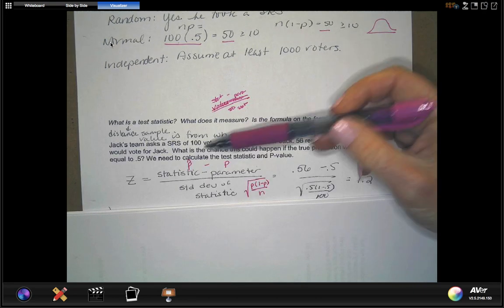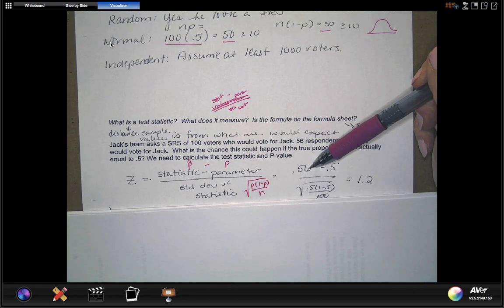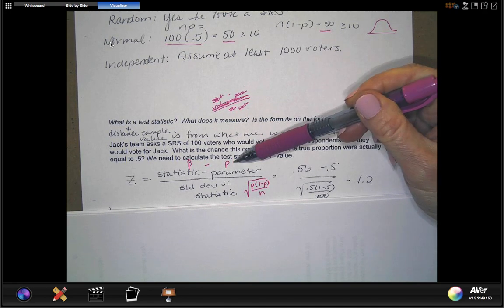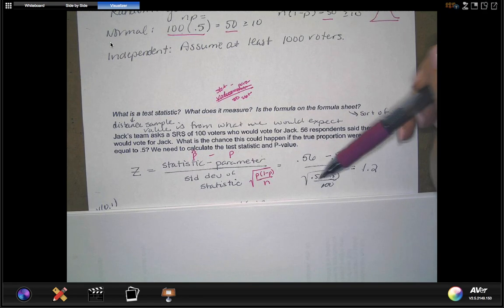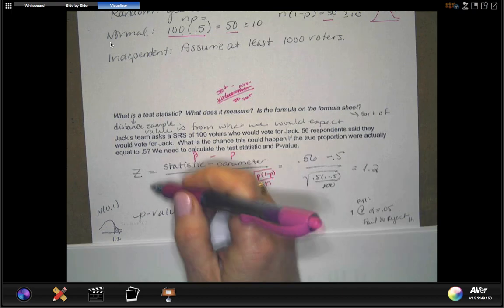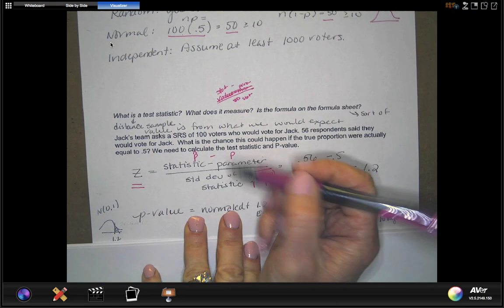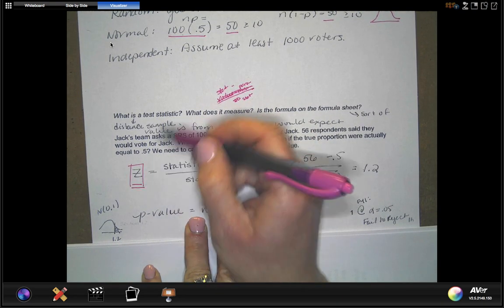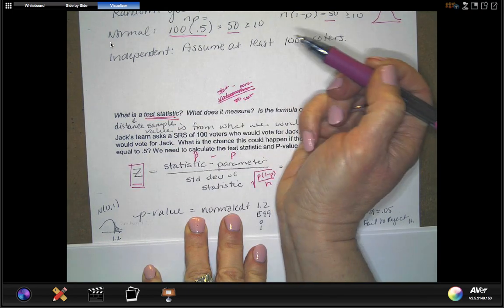So then the p hat in this problem was the 0.56. The p was the 0.5. And then down here I'm using that 0.5. I do the math here, I get 1.2. I've converted that to a z-score. In this problem, your test statistic is essentially your z-score.